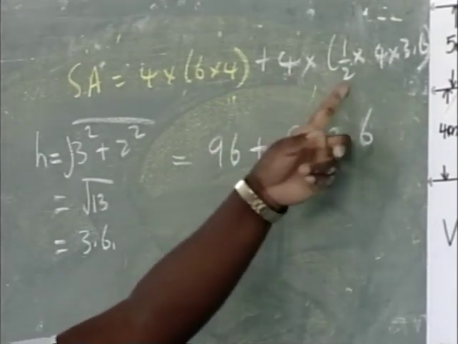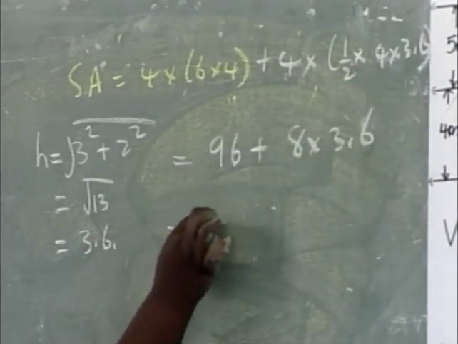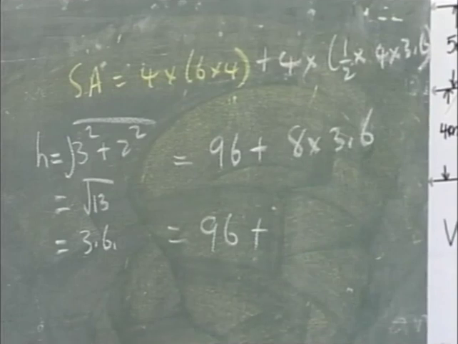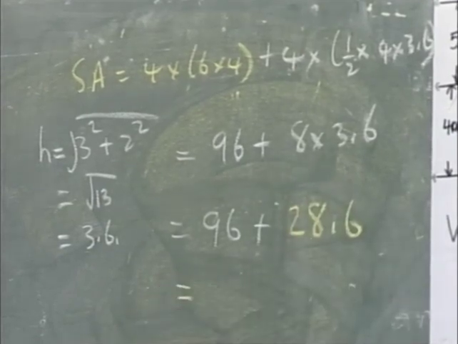I just got 4 divided by 2. I got 2. 2 times 4 is 8. 8 times 3.6. So it's 96 plus what? 28 point something.